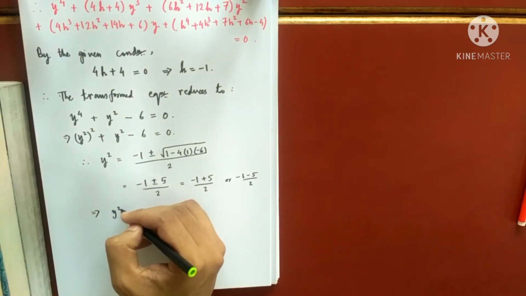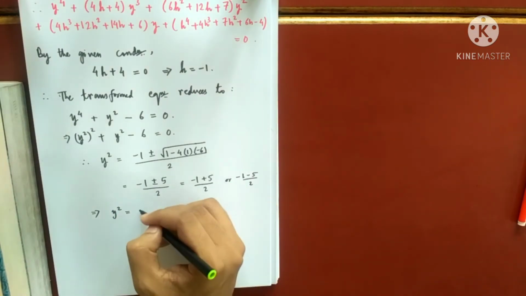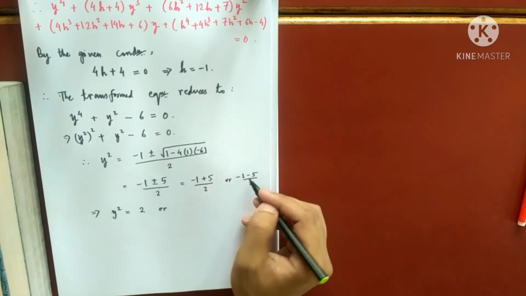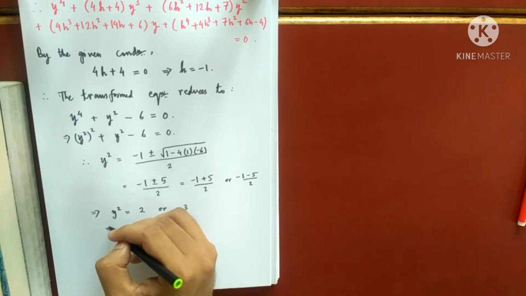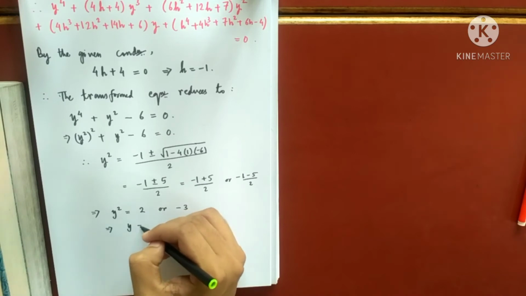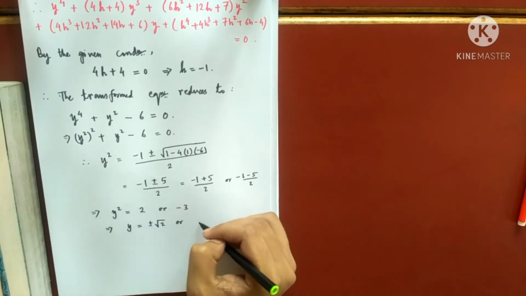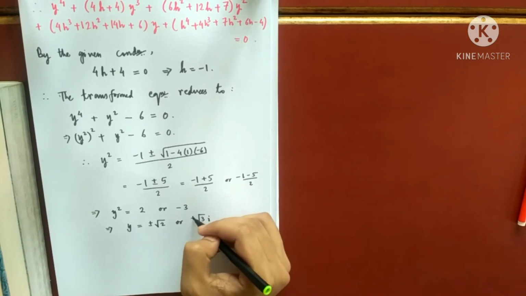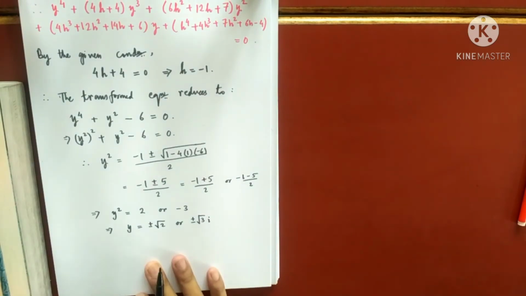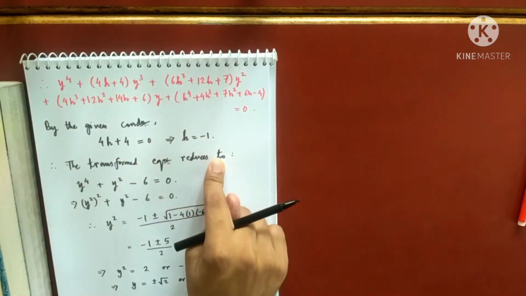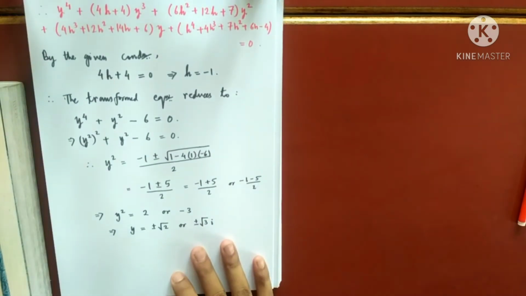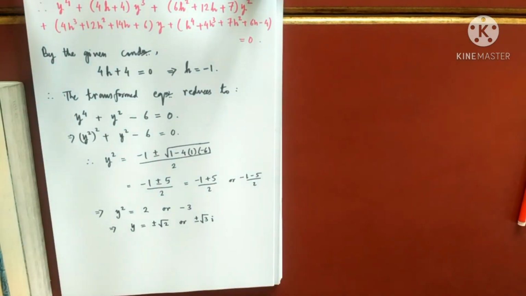So y square is 2 or minus 3. So this implies y equals to root over of 2 plus or minus, or root over of minus 3, that is root 3i plus or minus. So what are the roots of the transform equation? It was of degree 4, so the roots are plus root 2, minus root 2, plus root 3i, minus root 3i. These are the 4 roots of the transform equation.